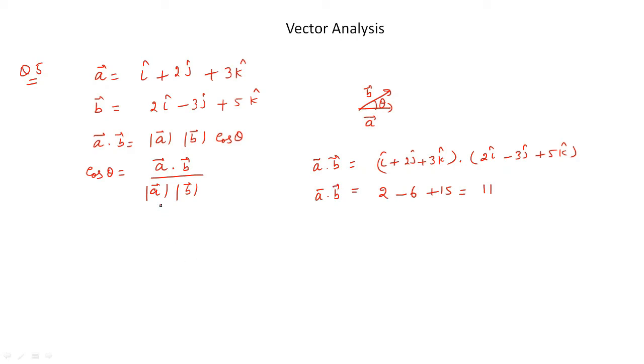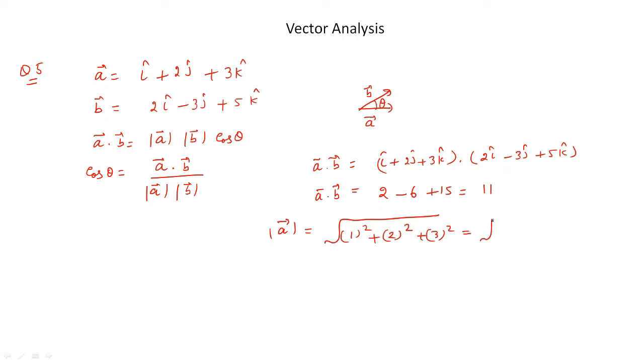Now we have to find the mode of vector A and mode of vector B. So mode of vector A will be equal to root 1 square plus 2 square plus 3 square.